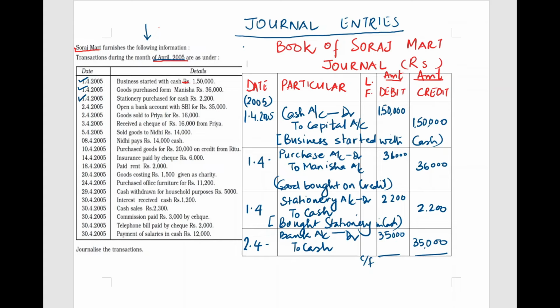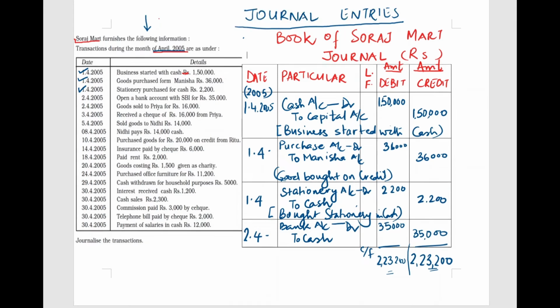It gives me a total of 2,23,200. See, so far my debit is matching with my credit. All right, so I move to the next page.